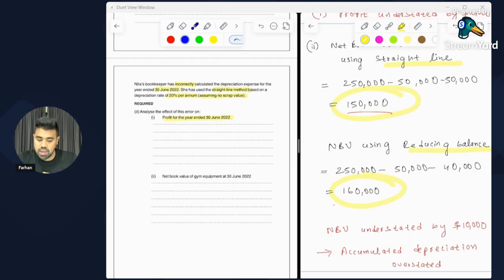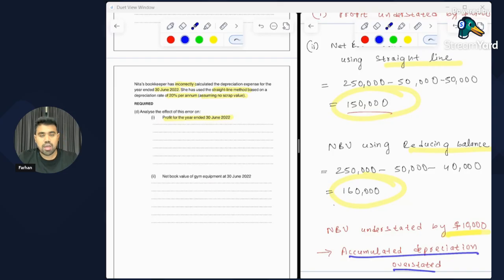So we can say that the net book value has been understated by $10,000 because the bookkeeper used the straight line method. It has been understated because of the overstatement in accumulated depreciation.